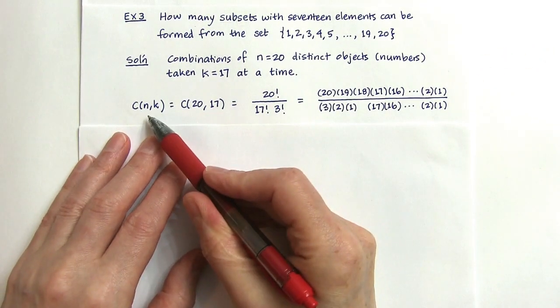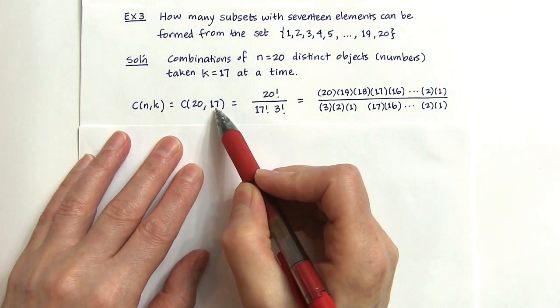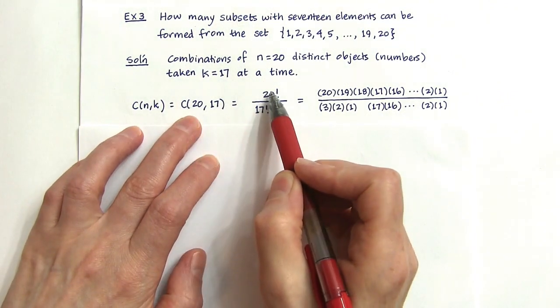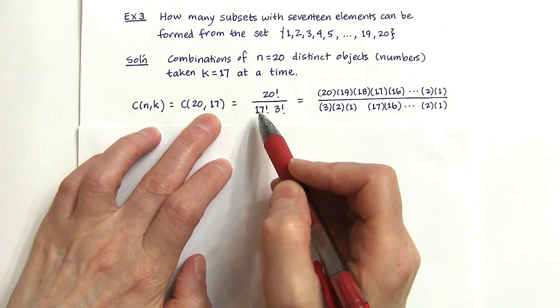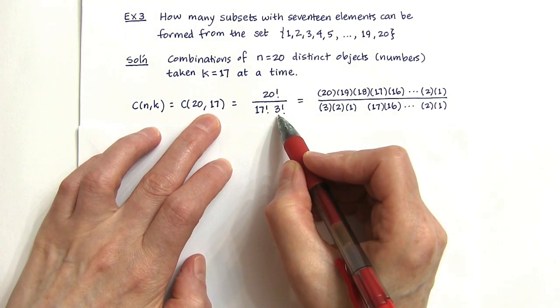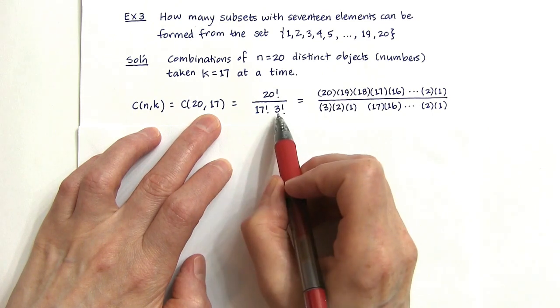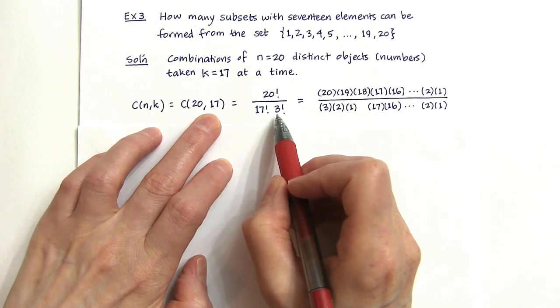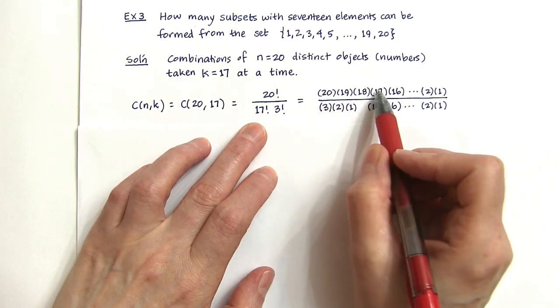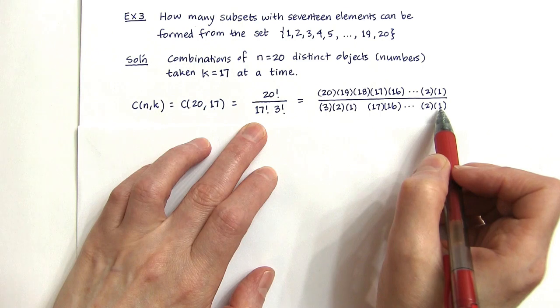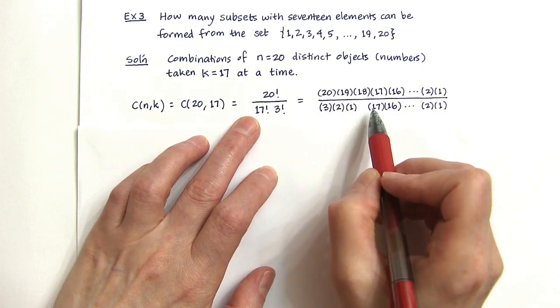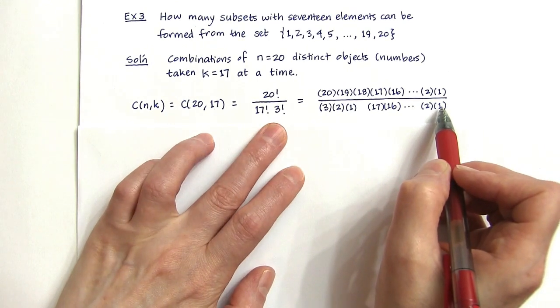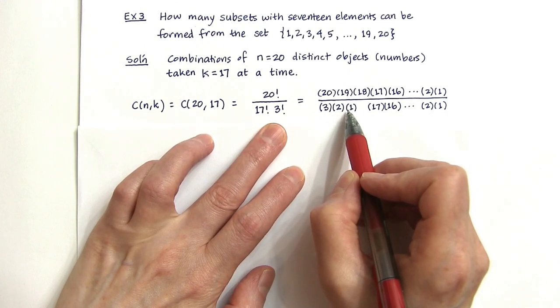So n choose k is 20 choose 17 this time, which is 20 factorial in the numerator and 17 factorial in the denominator. And what's the second number in the denominator? It's 3 factorial, because 17 plus 3 is 20. And then, if you expand the numerator and the denominator, we have 20 factorial in the numerator, 17 factorial in the denominator, and 3 factorial in the denominator.